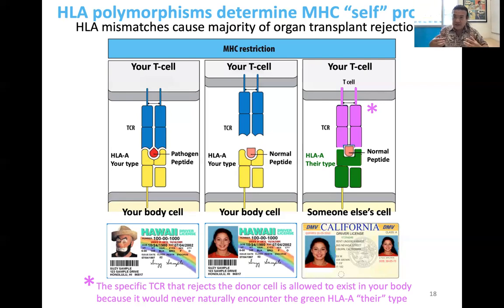So as a species, the more diverse shapes of MHC that we have, the greater chance of our species surviving a major global pandemic.